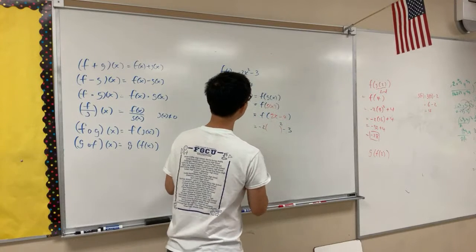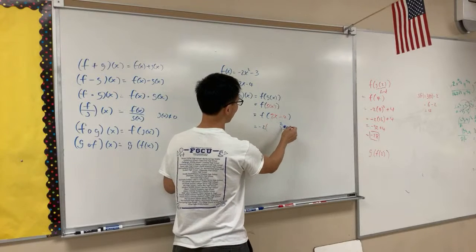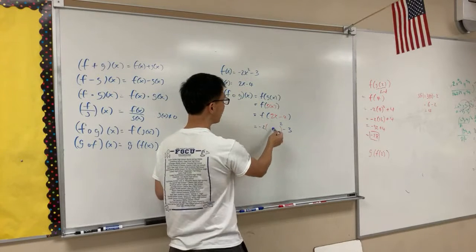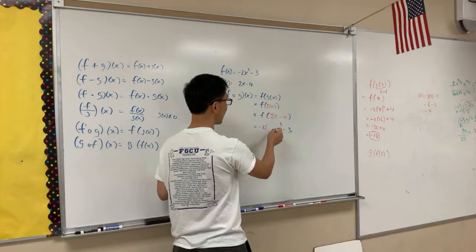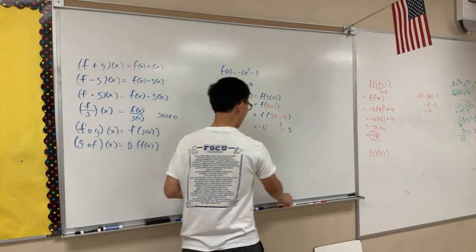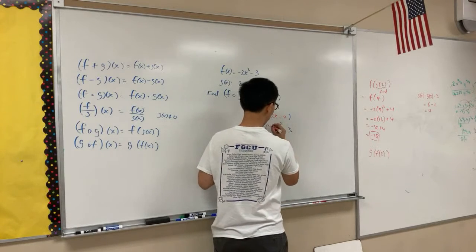So think about this one as -2x squared minus 3, right? So in place of that x, I'm gonna replace it with 2x minus 4. So I'm gonna put it in red. Where's the 2x minus 4?